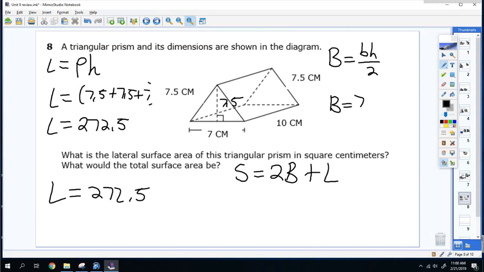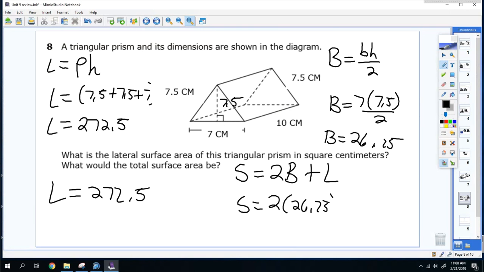The base of the triangle is 7, and the height of the triangle is 7.5, and we divide by 2, which is 26.25. Now you plug that in, so you can do 2 times 26.25 plus the lateral surface area, which is 272.5.